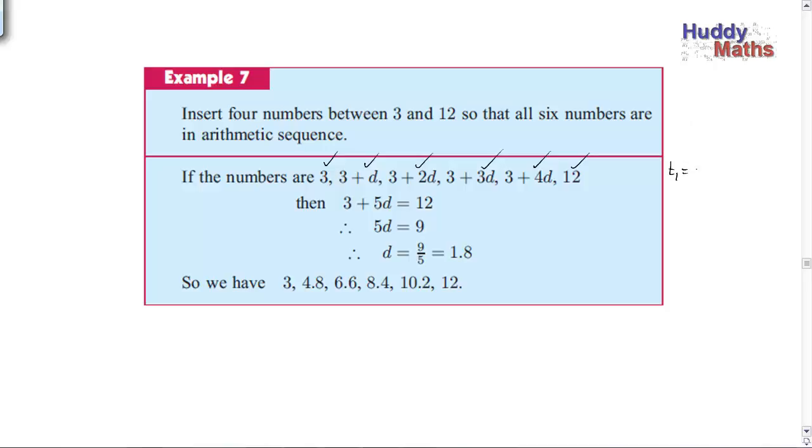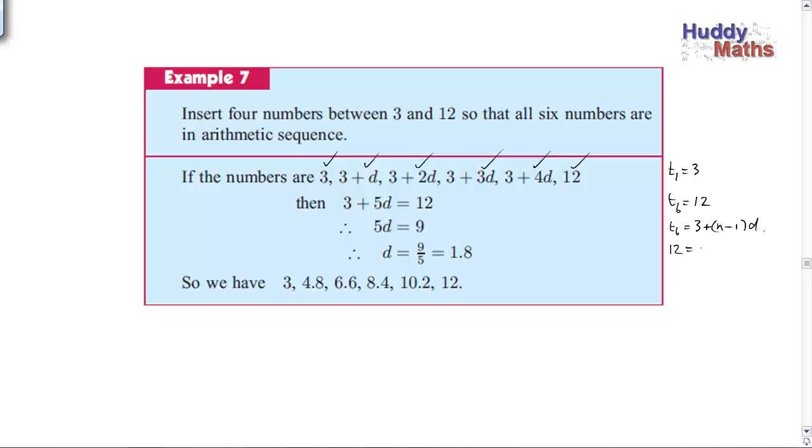T1 or a is 3. What do we got? No, we've got 6 numbers, so T6 is 12. So you could work with a formula and say T6 is 3 plus n minus 1 by d, and 6 is 12 here.